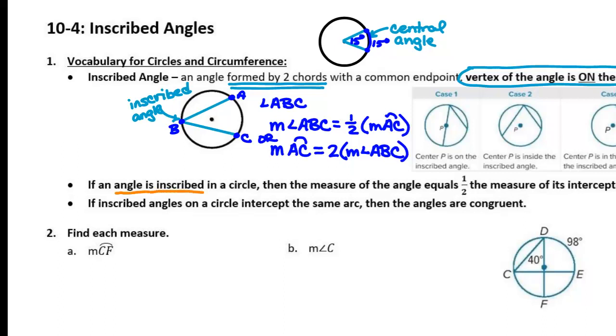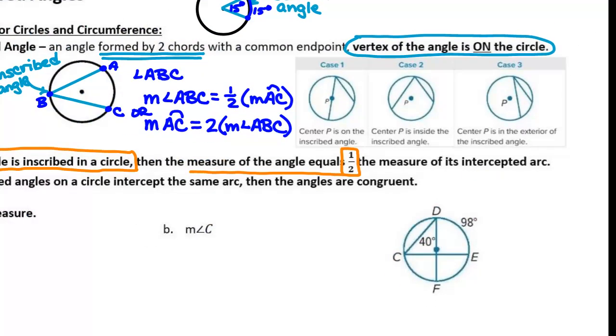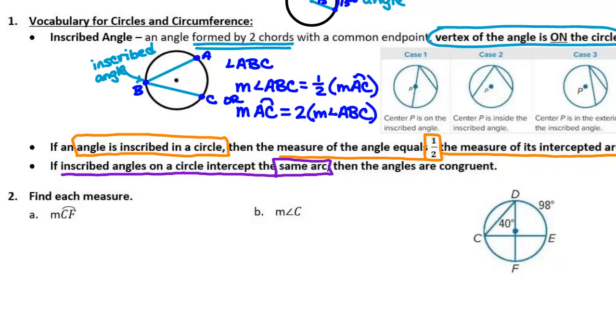If an angle is inscribed in a circle, like the one up above, then the measure of the angle equals half of the measure of its intercepted arc. And if we have two inscribed angles on a circle that intercept the same arc, then the angles are congruent to each other.